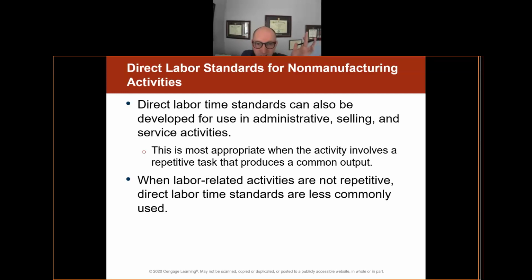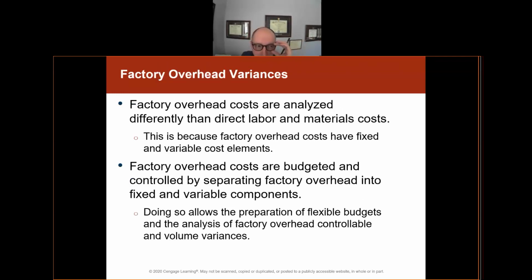And yes, we look at both the variance for the dollar amount per hour, the hourly rate, and the variance for the amount of time we actually used versus the amount of time that was budgeted, or the standard time. So that is labor. Now let's go into factory overhead.